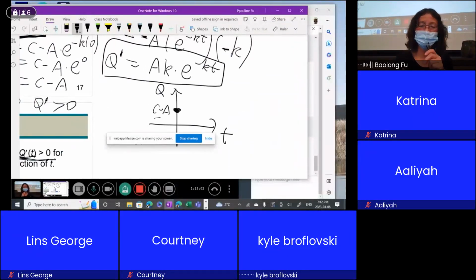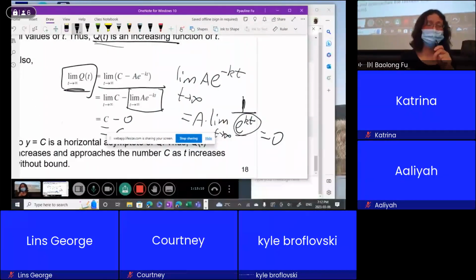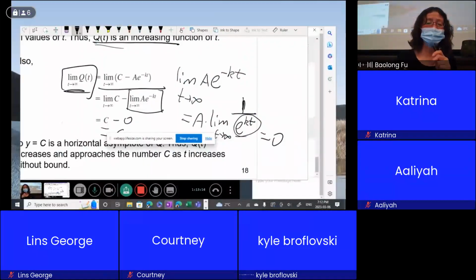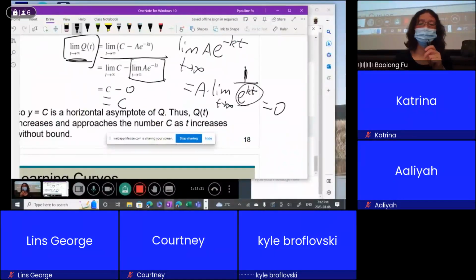So the graph is here, increasing. And when t goes to infinity, this function approaches C.